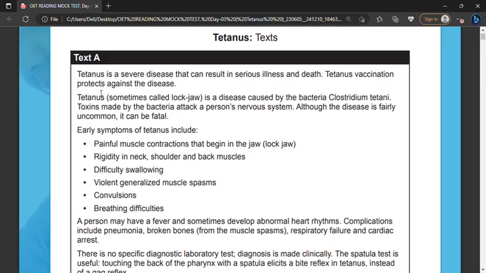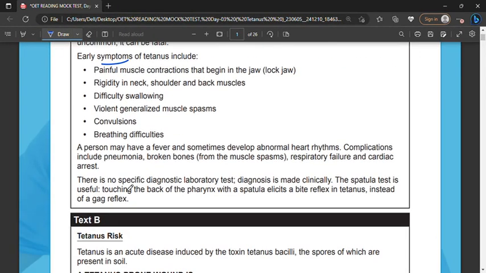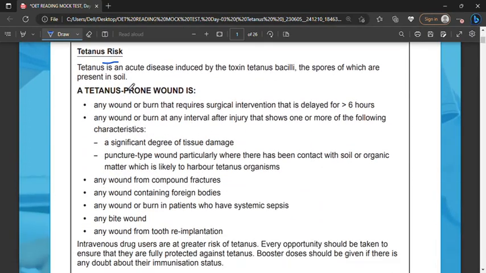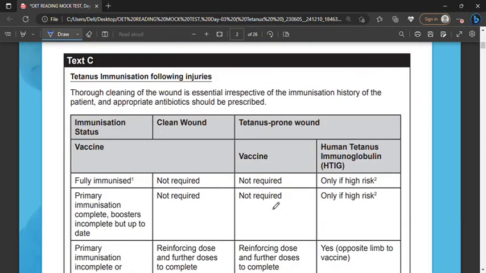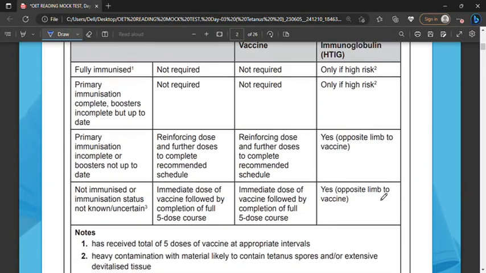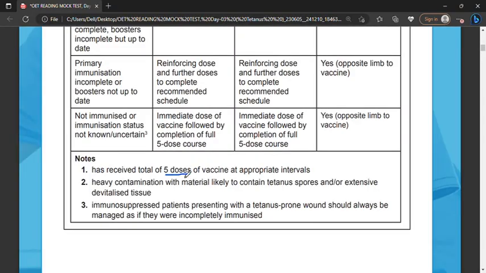I think this paragraph only includes the definition, symptoms, and some other diagnostic tests, and this includes tetanus-risk, prone wounds. Maybe the answer will be in this paragraph. Okay, there is the answer: 5 doses.